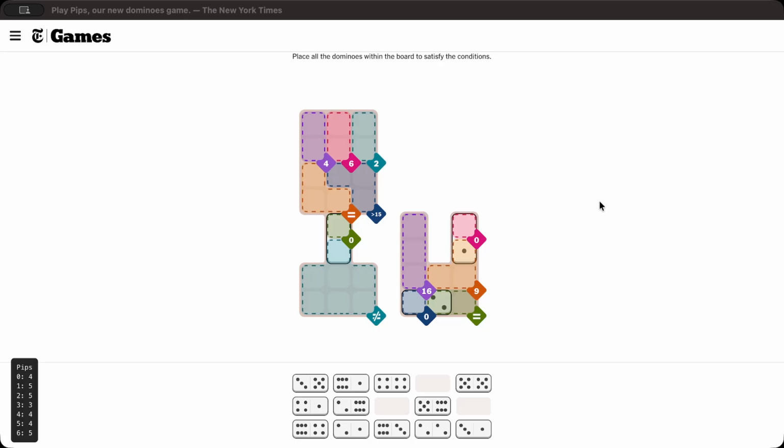4 plus 6 plus 2 plus 16 plus 9. This does not equal, means this is 1, 2, 3, which is 6, and 4, 5, 6, which I think is 15. So this is 21.